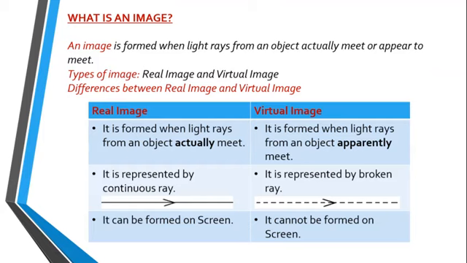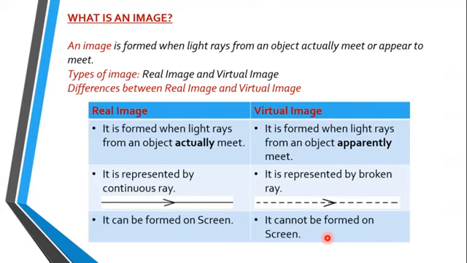Number two, under real image, we say it is represented by continuous ray. And under virtual, it is represented by broken ray, or a broken line, or dash line. Then finally, we are saying that real image can be formed on a screen.